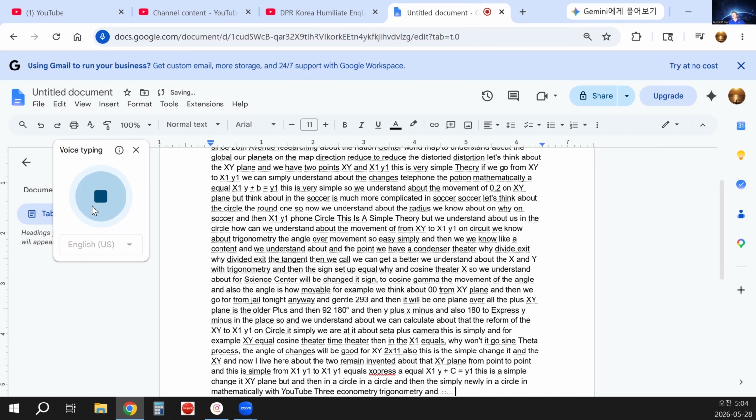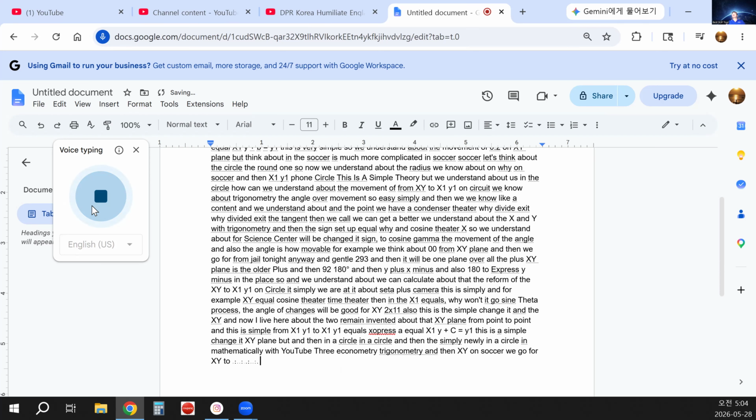X, Y on the circle, x equals cosine theta, y equals sine theta. So we change by the angle gamma to get X1, Y1.